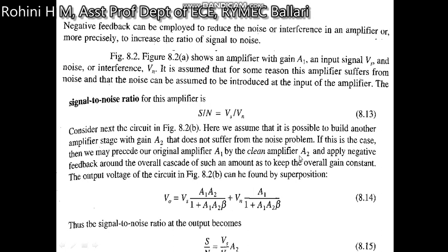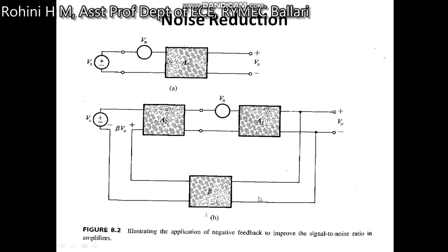So we use the clean amplifier A2 and apply the negative feedback around the overall cascade so as to keep the overall gain constant. The output of the circuit in figure 8.2b can be found by the superposition theorem. So what is the superposition theorem?